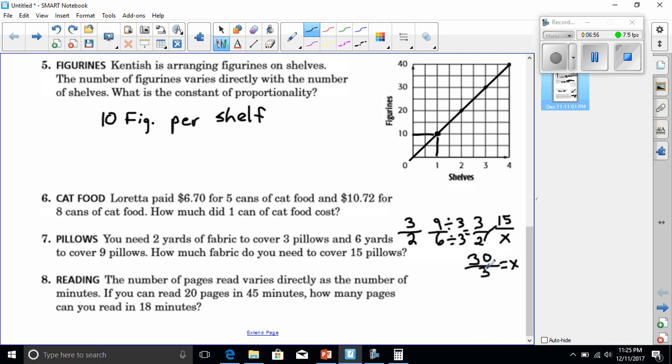And if we do this, 30 divided by 3 is going to be 10. So x equals 10. So we need 10 yards of fabric to cover 15 pillows.